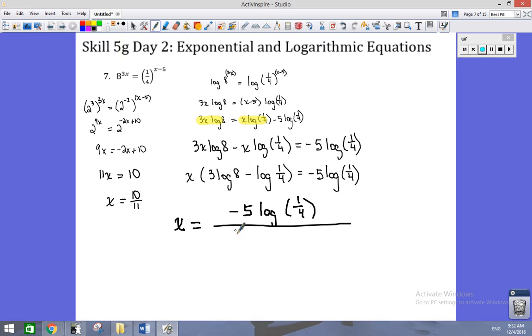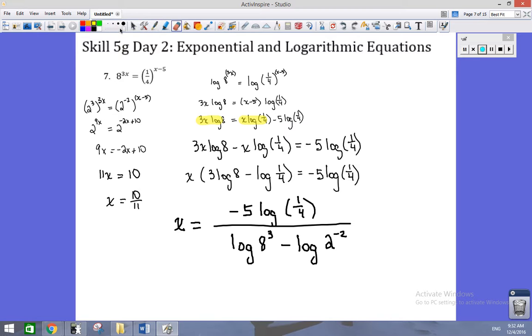Now, I can condense this as a single logarithm. Let's write log of 8 to the third power minus log of 1/4, and I can rewrite this 1/4 as 2 to the negative 2.